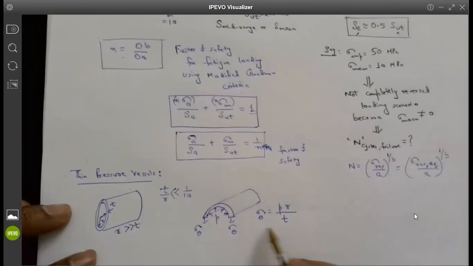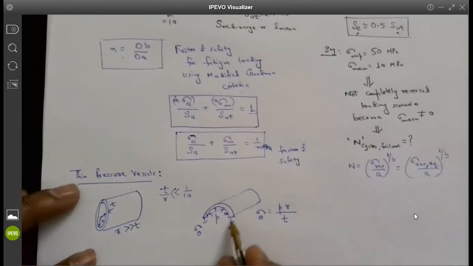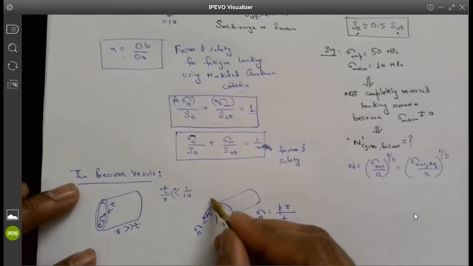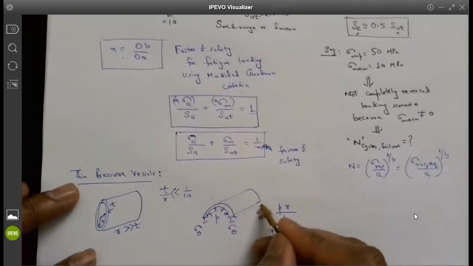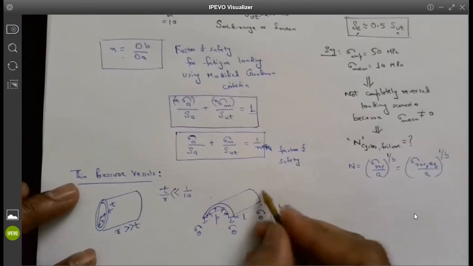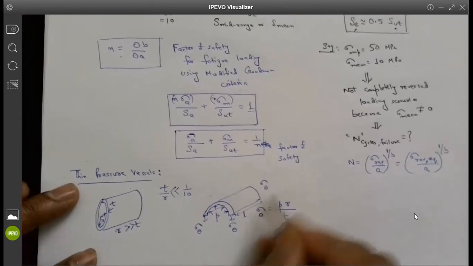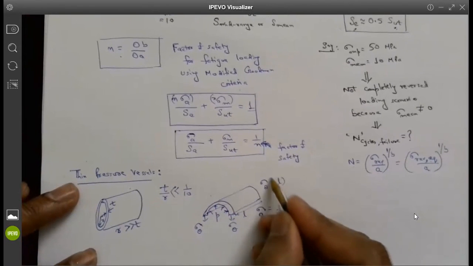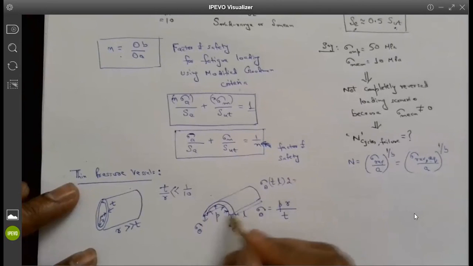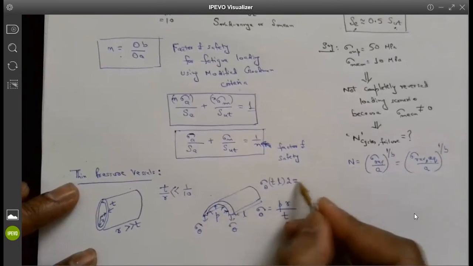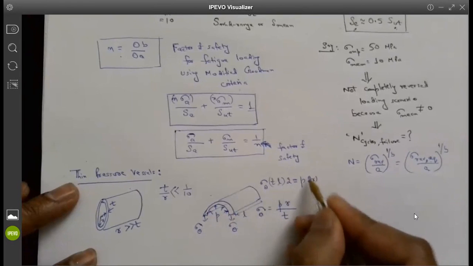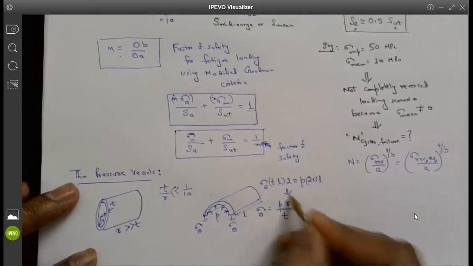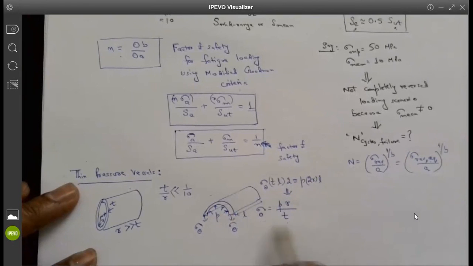The way we got this is, if this length is L, then sigma theta times thickness times L times 2, because there are two such areas, should equal pressure times projected area, which is 2R times L, and that gives sigma theta as PR divided by t.